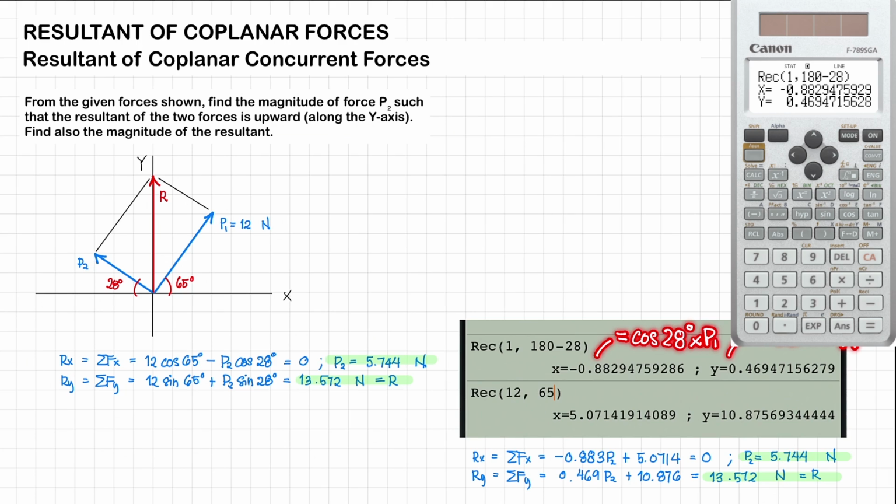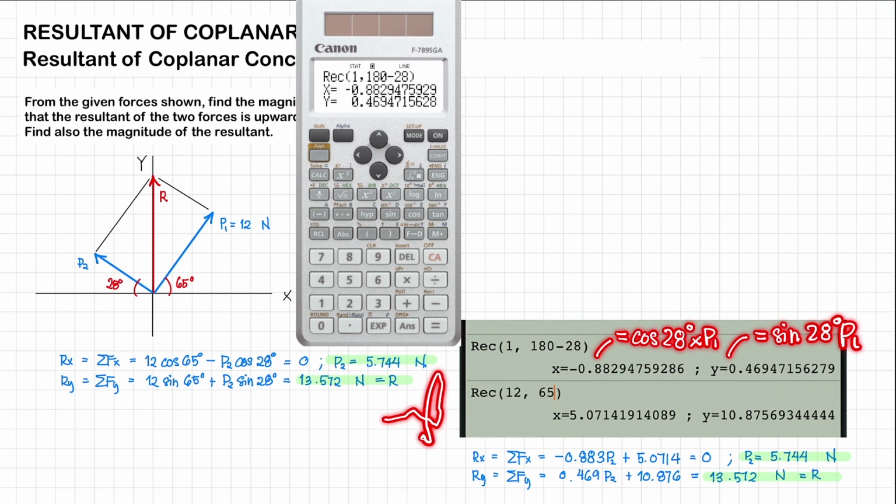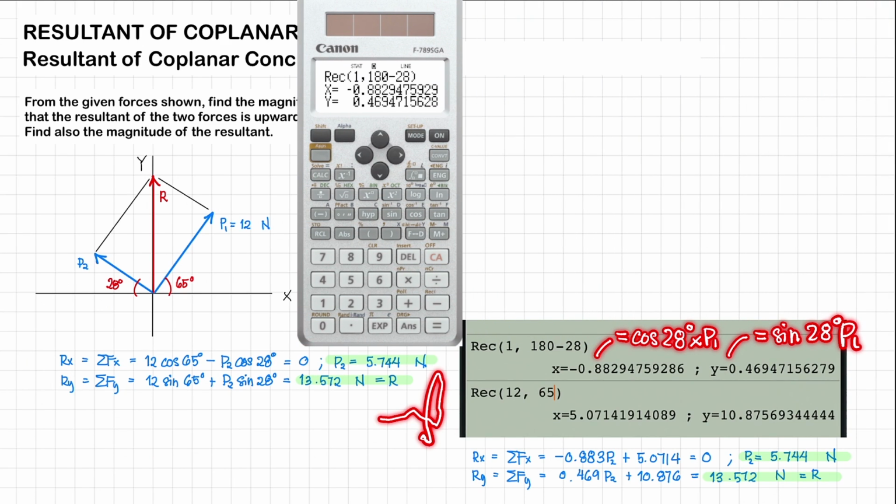Oops, sorry, you're not actually seeing the calculator. Let me move our calculator first. There you go. So what we were able to solve is the horizontal and vertical components times P2.